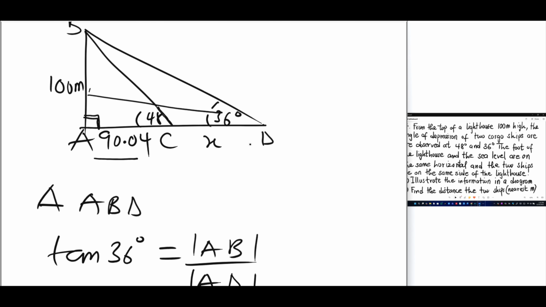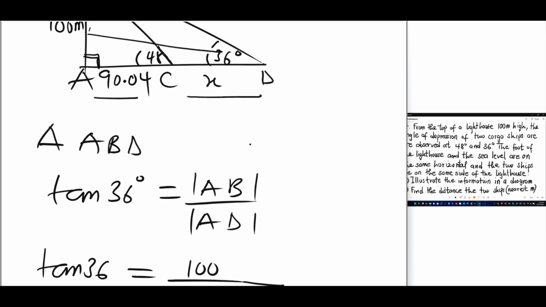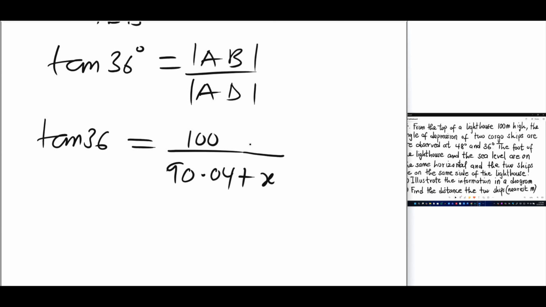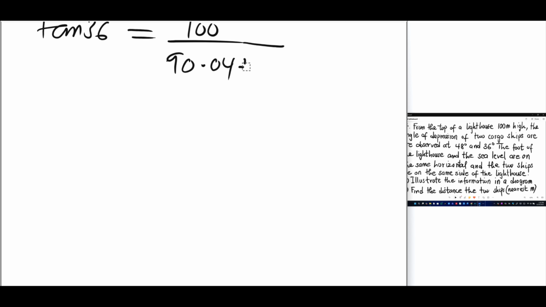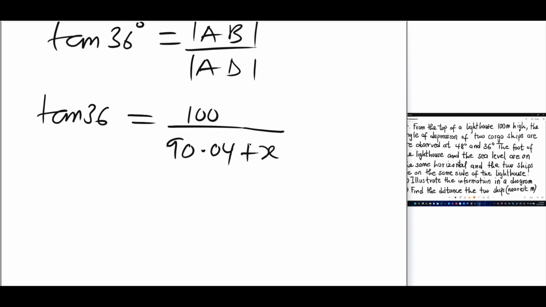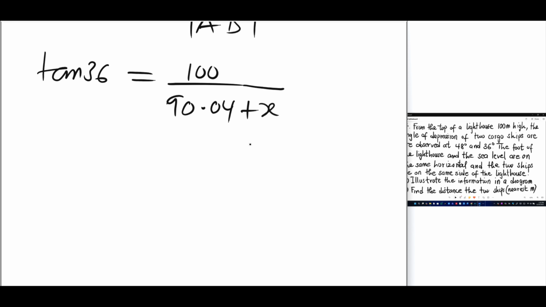So we have this plus this, giving us the distance from A to D. So the distance from A to C is 90.04 plus the distance from C to D, which is X. And that will give us the distance from A to D. So that's what we have done over here. So we can now cross multiply.